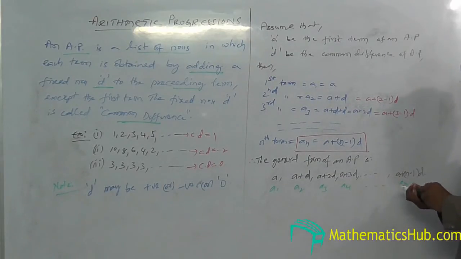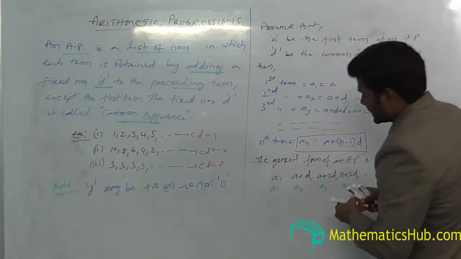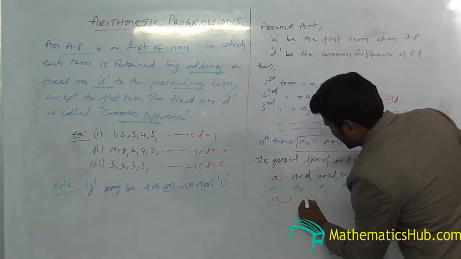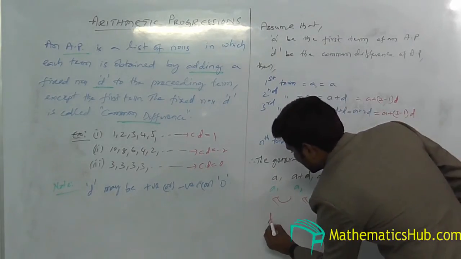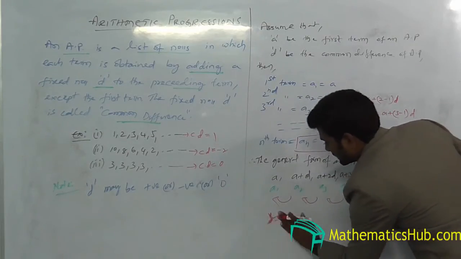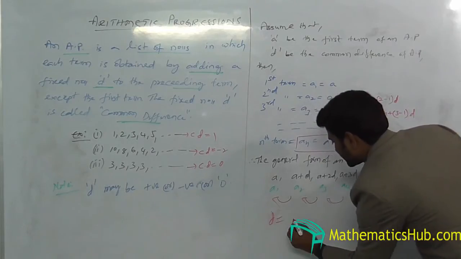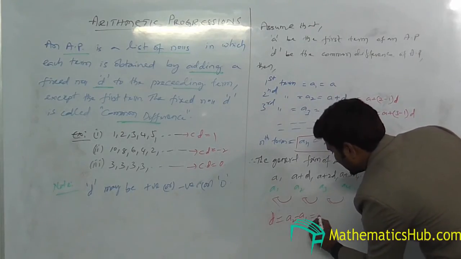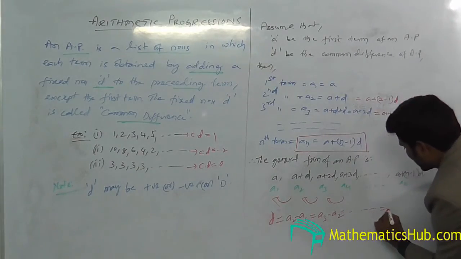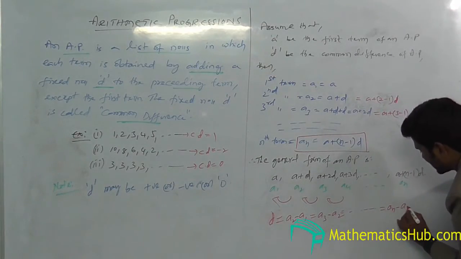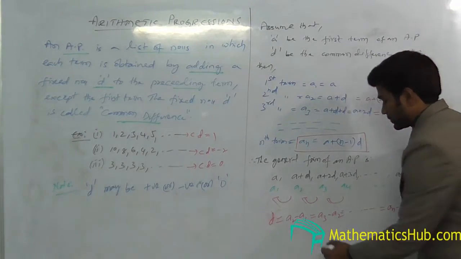From this, the difference between any two consecutive terms of an AP is the same. That is D. So D I can write as A2 minus A1, which equals A3 minus A2, and so on, which equals An minus An minus 1.